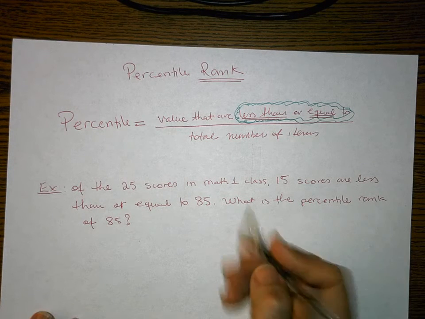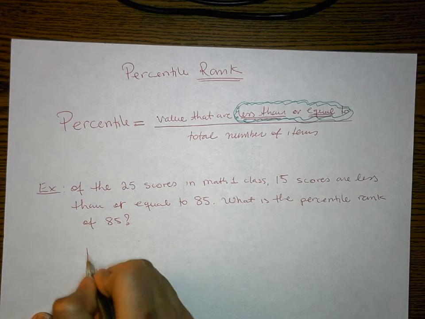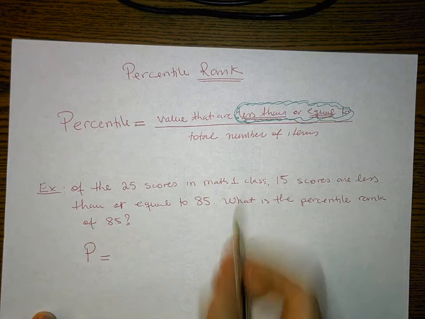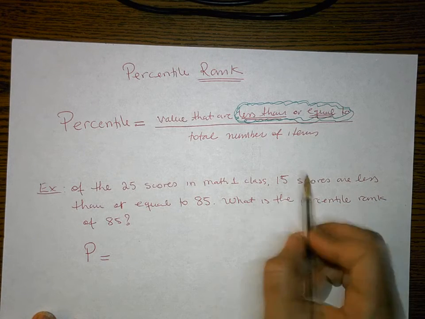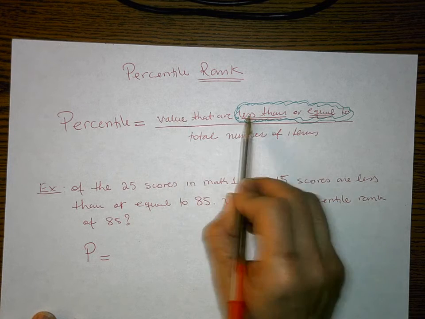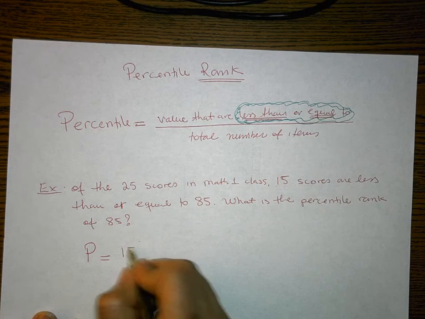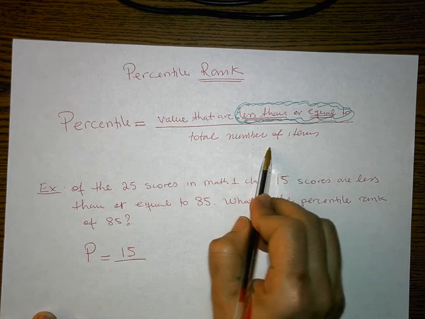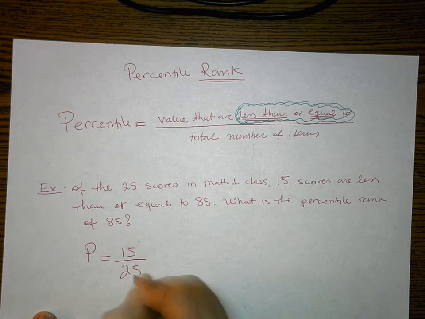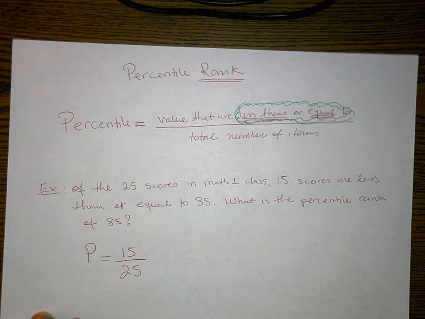According to my calculations, P is for percentile rank. It is the value that is less than or equal to. So 15 scores are less than or equal to, and you divide by the total number of items, which is 25. That is the work you have to do.